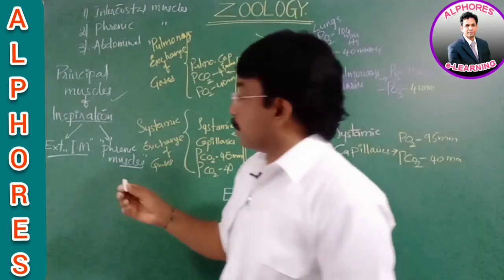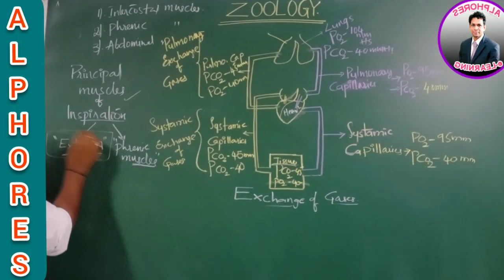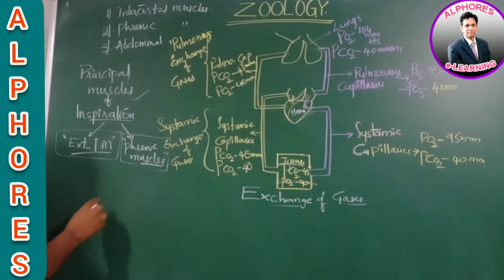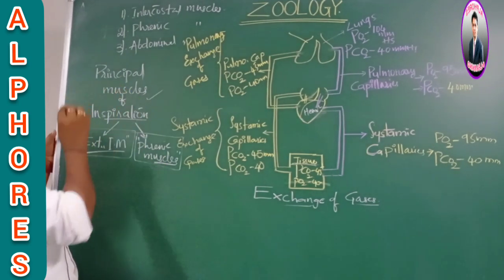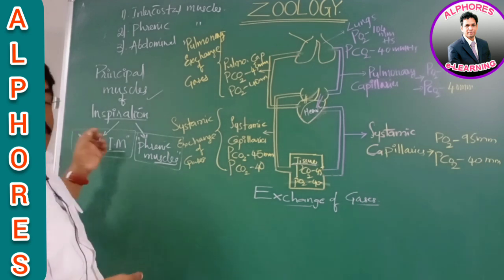So that's the reason we consider the intercostal muscles and the phrenic muscles the principal muscles of inspiration. Since their contraction causes inspiration, inspiration is an active process.